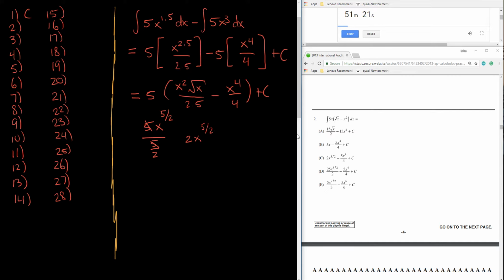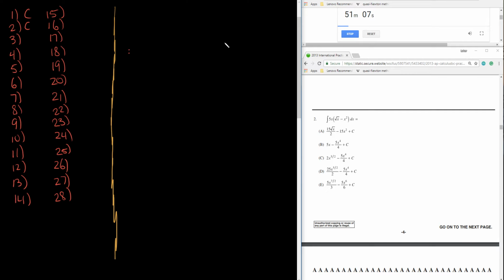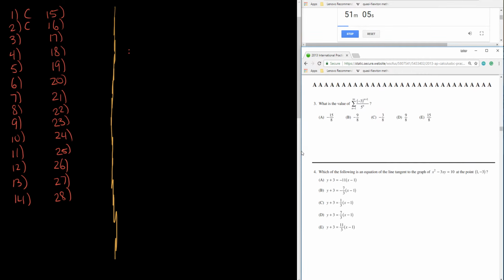So it actually is C, 2x to the 5 halves minus 5x to the 4th over 4 plus C, answer C. Again, 2 answer C's in a row. That's nice. Alright, will it let me delete anything here? Okay. Boom. Okay.